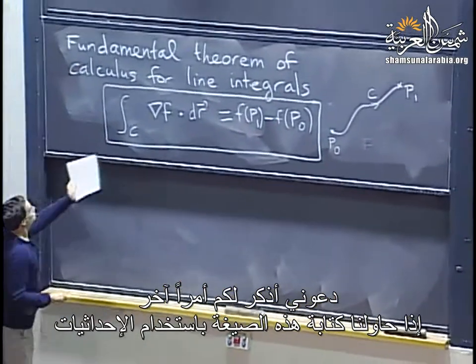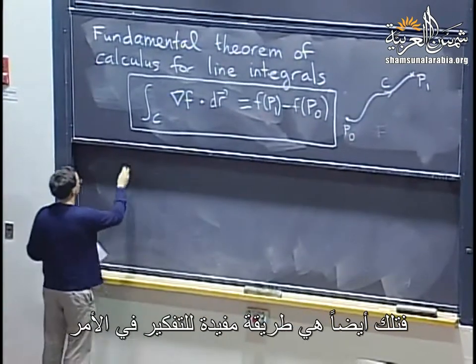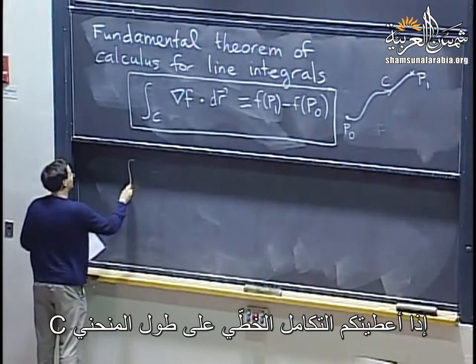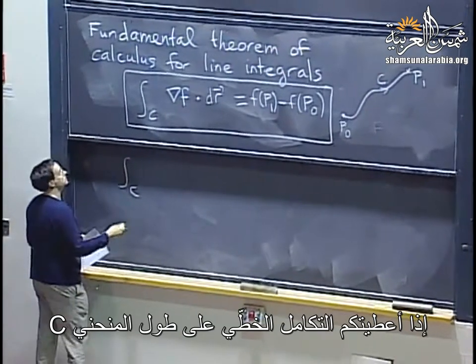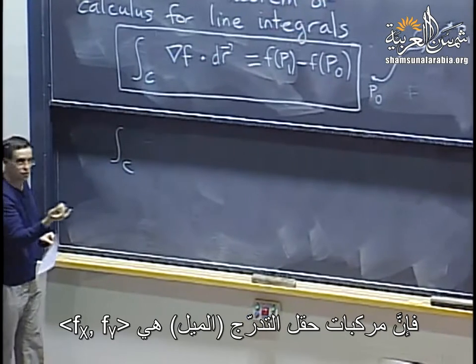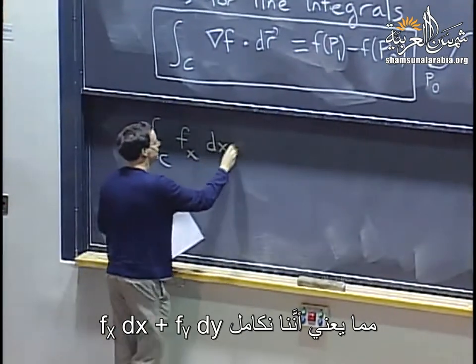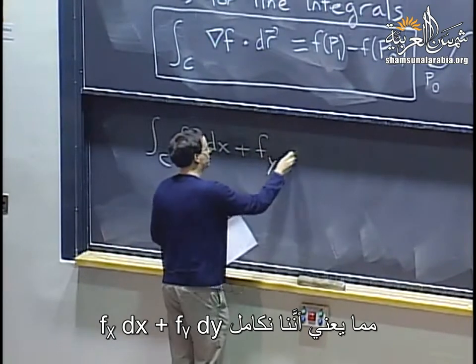So maybe I should say, if you try to write this in coordinates, because that's also a useful way to think about it, if I give you the line integral along C, so the gradient field, the components are f sub x and f sub y. So it means I'm actually integrating f sub x dx plus f sub y dy.